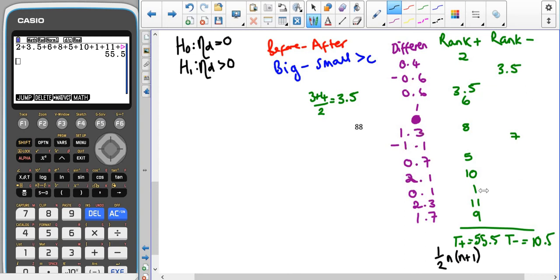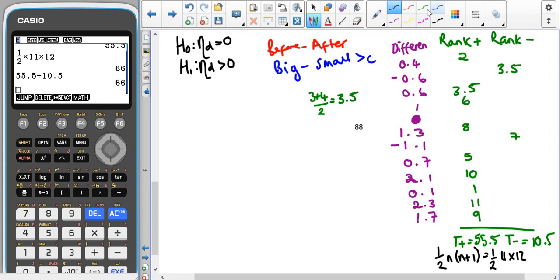So remember, we had 11 pieces of data that we're actually looking at, so these should add up to a half of 11 times 12, which gives me 66, and 55.5 plus 10.5 does give me 66. So I've definitely ranked everything and added those up correctly.